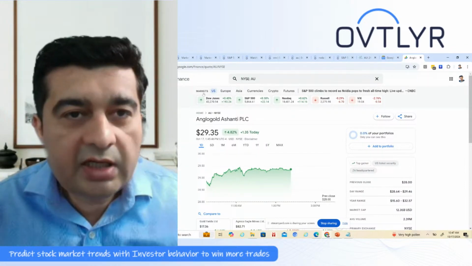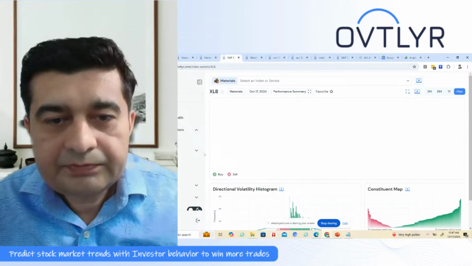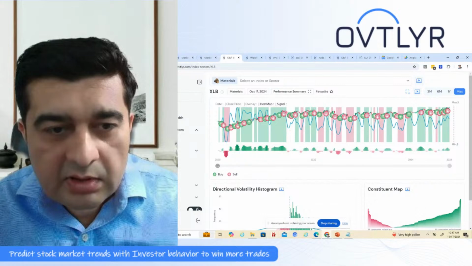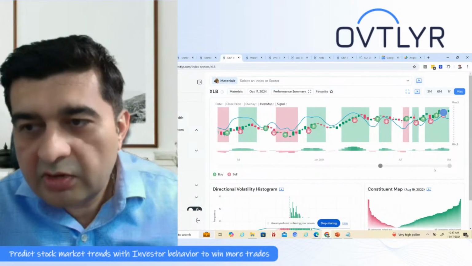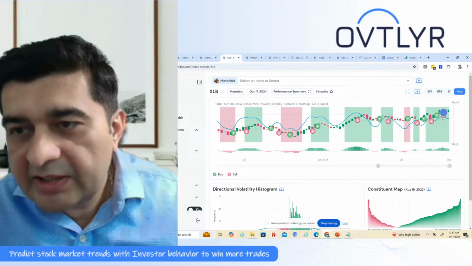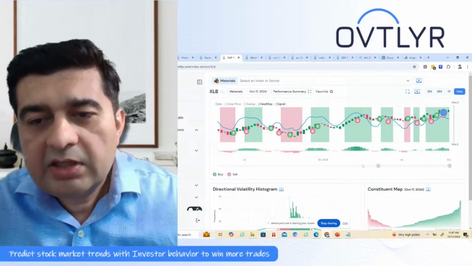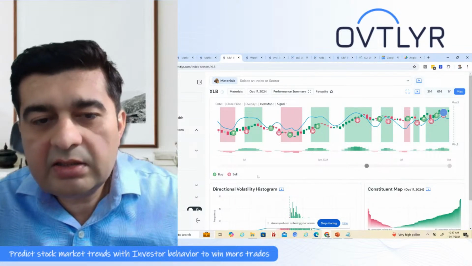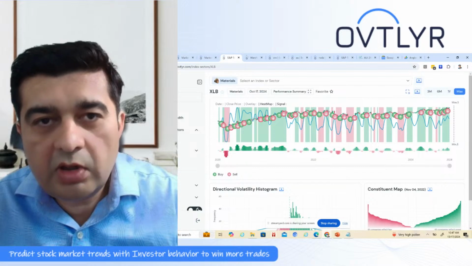Your sector data, hopefully, here when I selected materials, I'm looking at the heat map and oscillator for this stock. And as you can see right now, the oscillator is changing direction, which is good for that sector. So all in all, I would say that things were looking good for this stock overall.